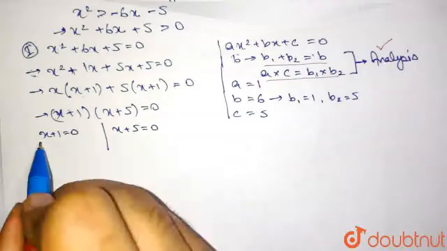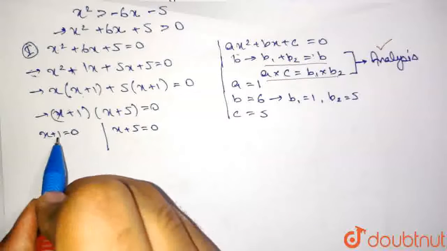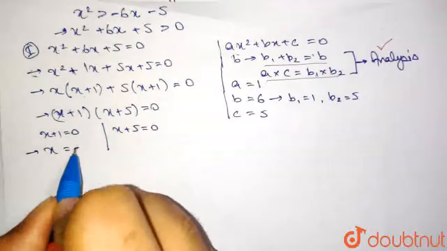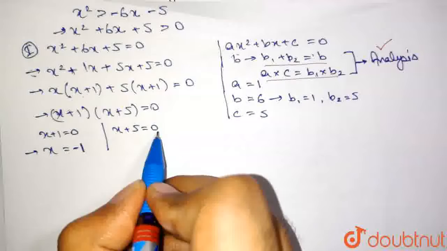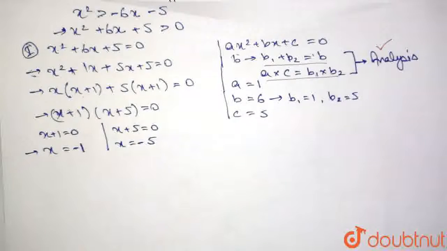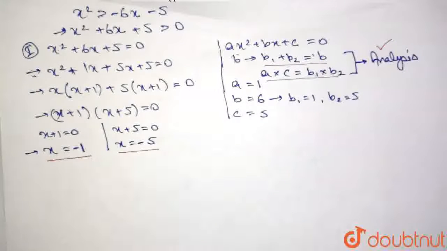If x plus 1 is equal to 0 and we take plus 1 to the other side, from plus 1 it becomes minus 1 as it changes its sign. So x is equal to minus 1. And plus 5, if it goes to the other side, changes its sign to become minus 5. So x is equal to minus 5. So we factorized the expression to get x as minus 1 and x as minus 5, right?